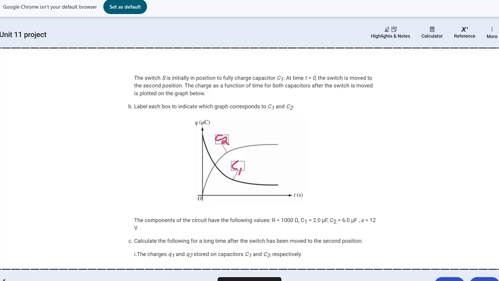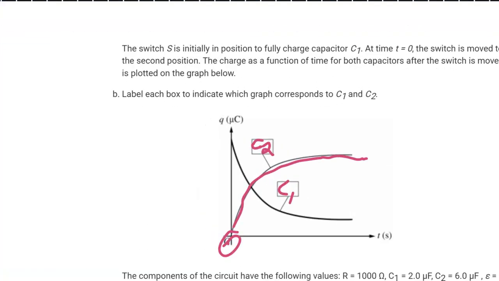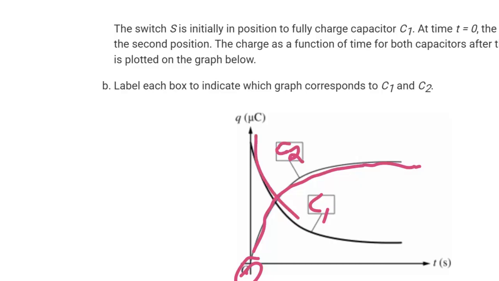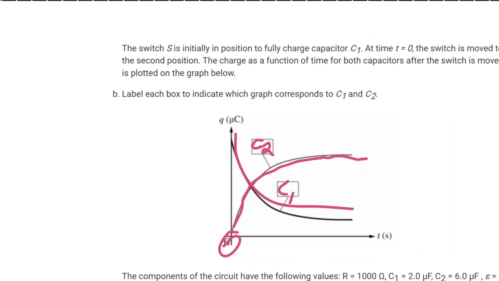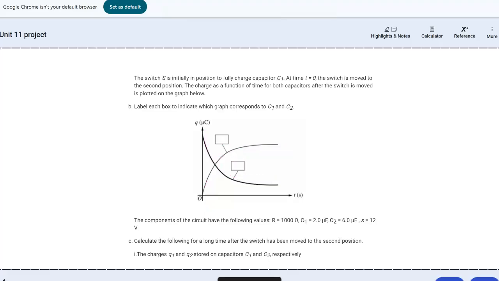So this would be C2 since C2 starts at 0 and then increases exponentially to reach that asymptote. So that's going to be C2 because it was initially uncharged. C1 is going to be the exact opposite because it was initially charged. And then it's just going to exponentially decay.